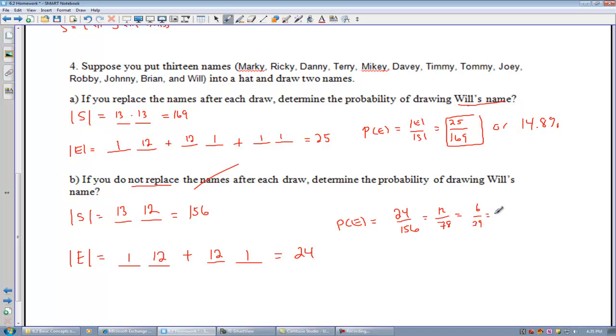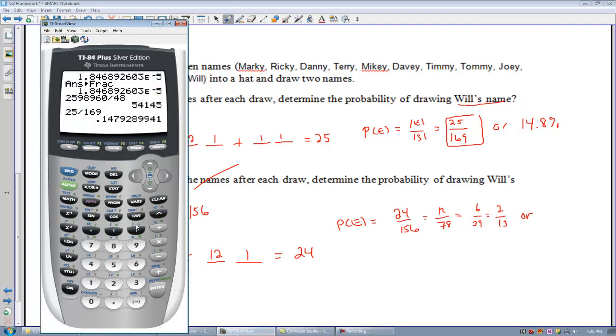Then we keep going down by 3's, so this would be 2 divided by 13. Or, to figure out the percentage, we can take 2 divided by 13 and hit enter, and we get about 15.4% of the time. But this is our answer right here, 2 divided by 13.